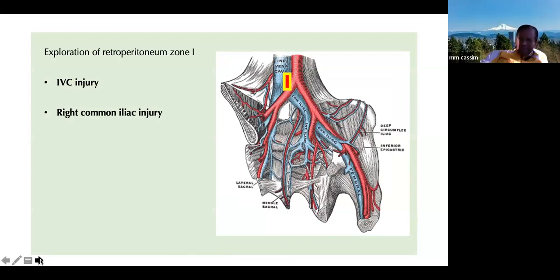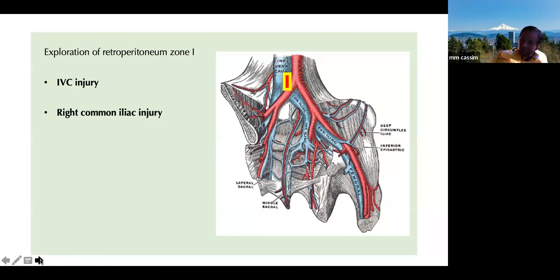I'll go first. This is one of those injuries Dr. Dimitriades talks about, because he's had few cases in his career. He says that when you see something like this, just behind the artery, and the visibility is not clear, you may have to sacrifice the right common iliac, and underneath is where the injury is.